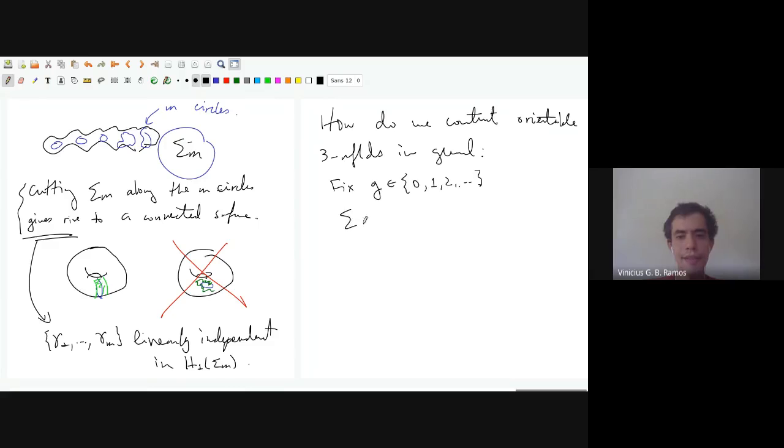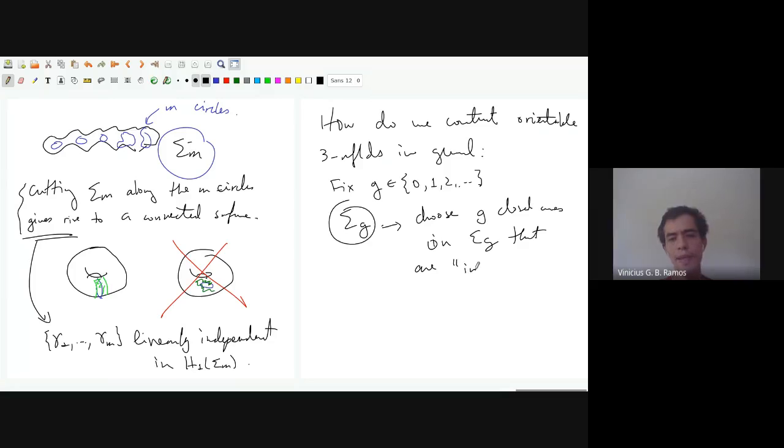Then we look at sigma G, and we basically have to choose G closed curves on sigma G that are linearly independent. Okay, and that determines a three manifold.